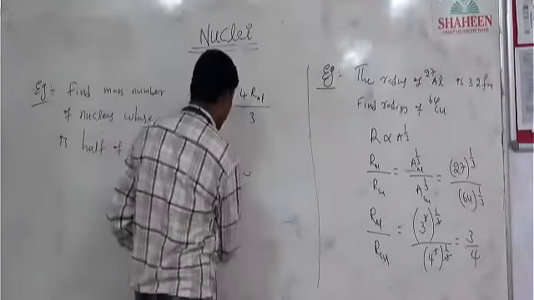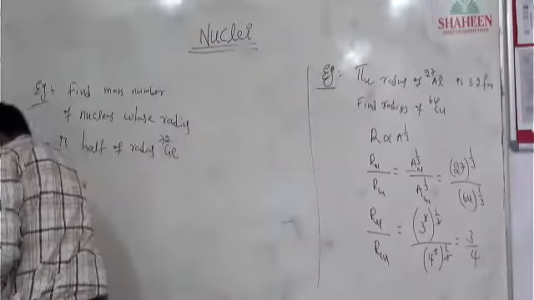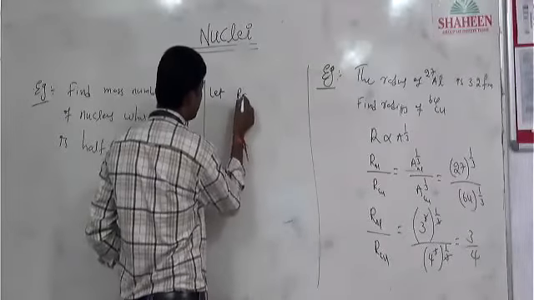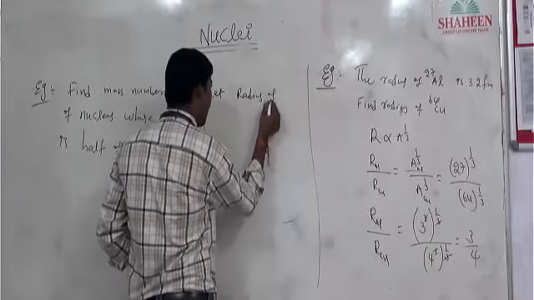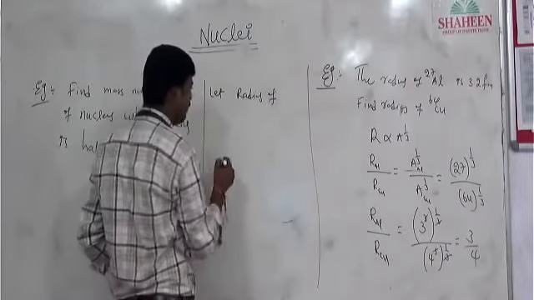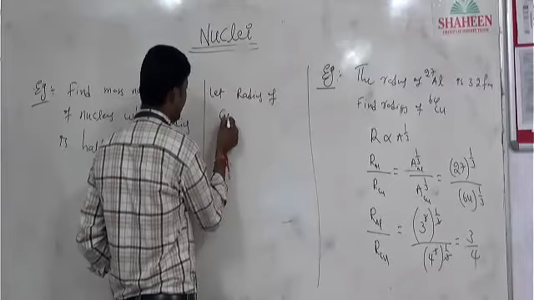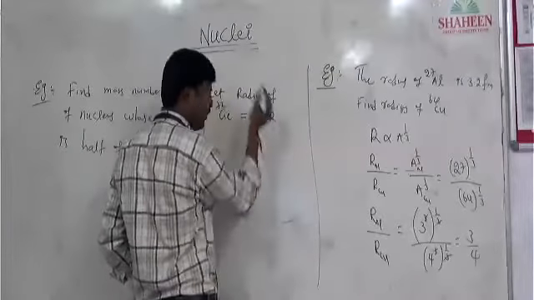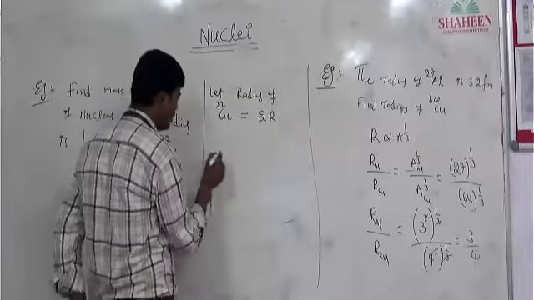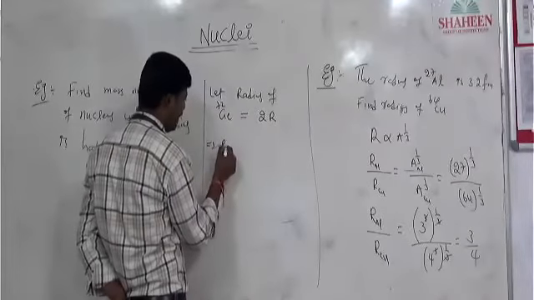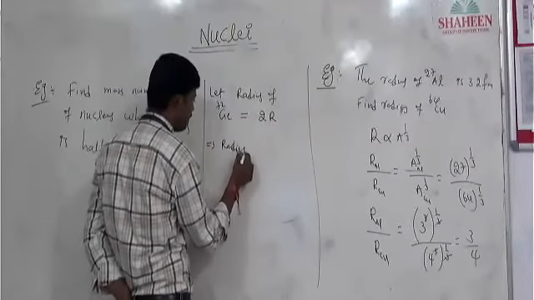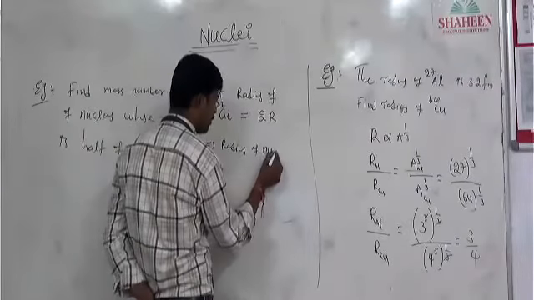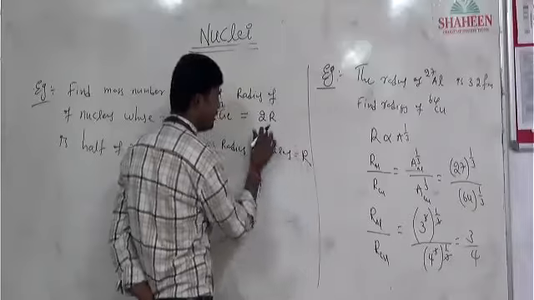So simple question only. Look here. Let the radius of germanium, Ge 72, be 2R, because R by 2 will make the calculation better. 2R implies the radius of that nucleus whose mass number we are going to calculate will be R, because it is half of that value.